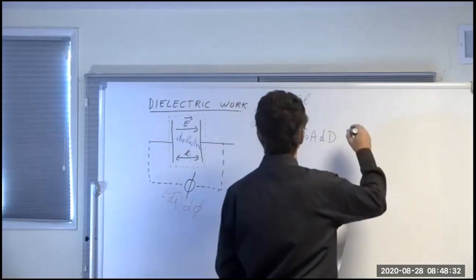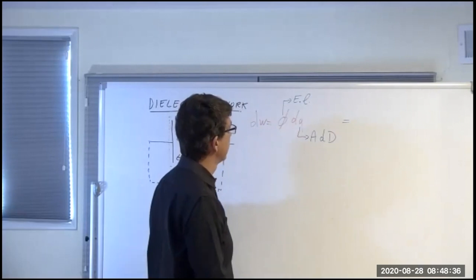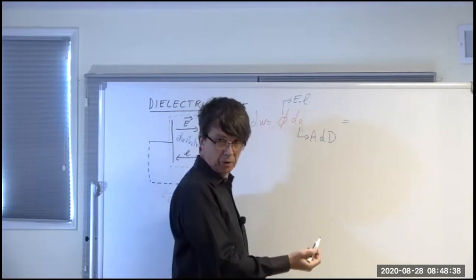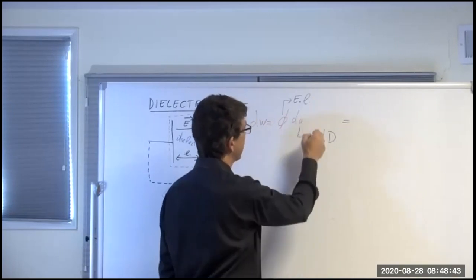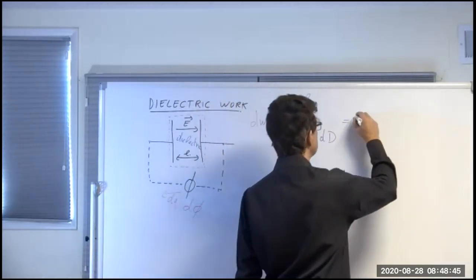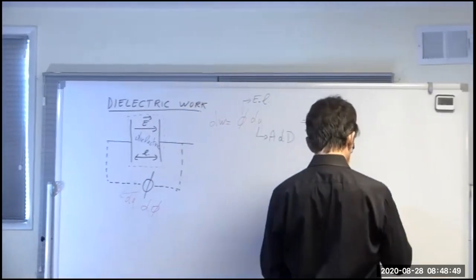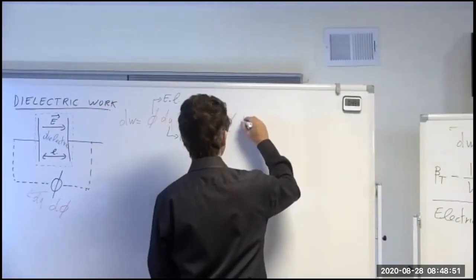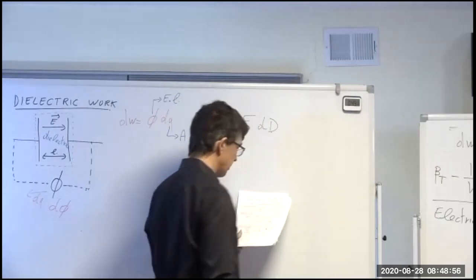And so when I look inside the dielectric, my work term looks very different, even though it has to be the same. So I have L times A, so that's volume, and then I get electric field times the differential of the polarization displacement.